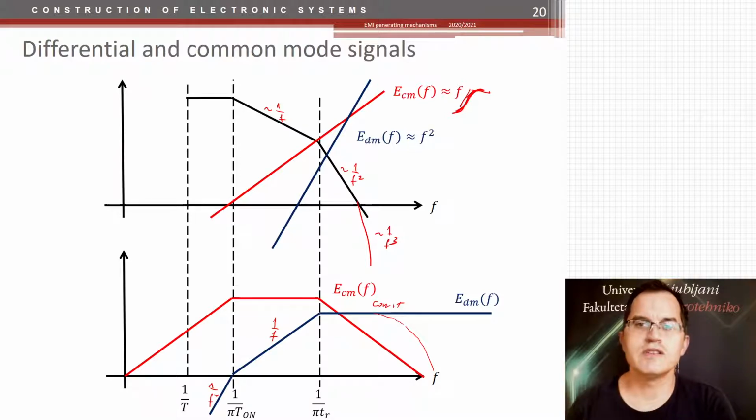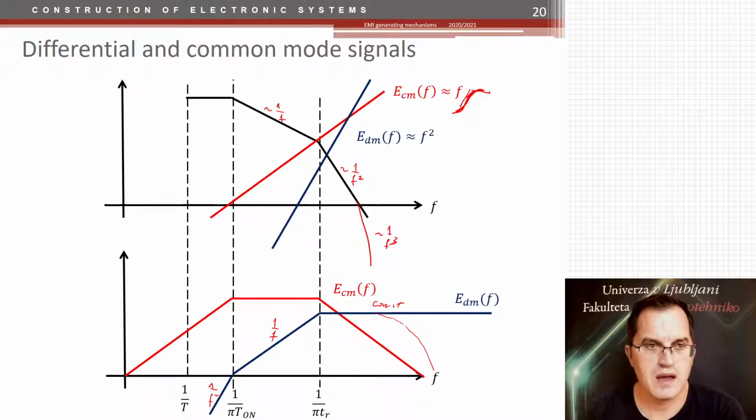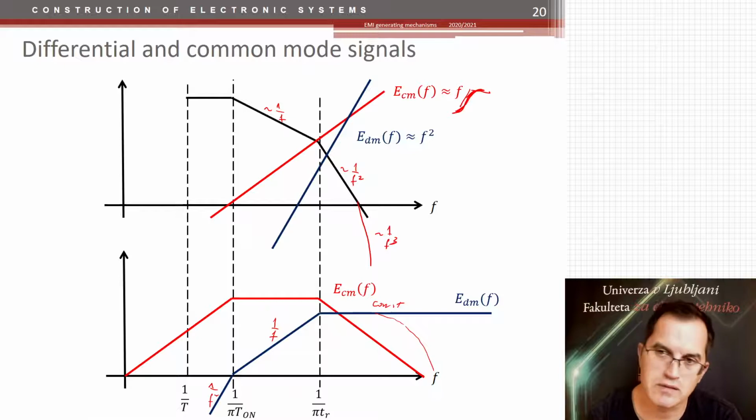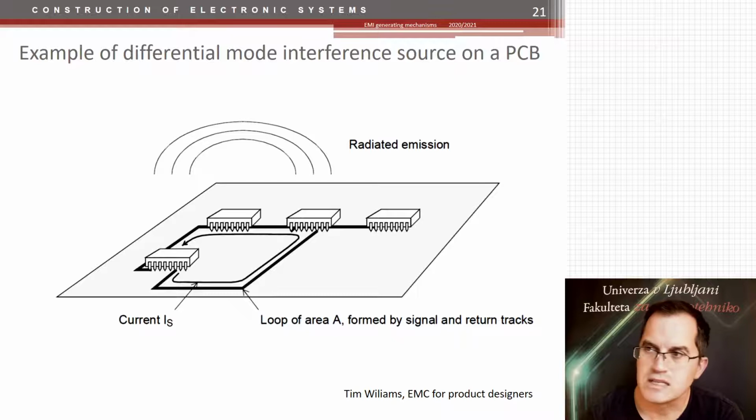Now let me show you some examples, in a few real and imaginary cases. So a differential noise source is represented on a PCB as current loops.